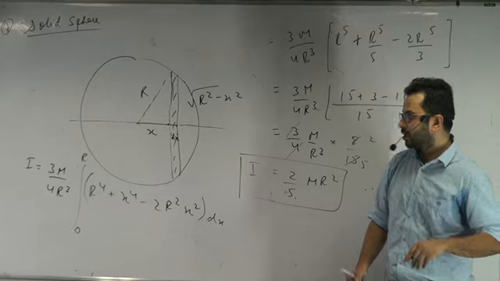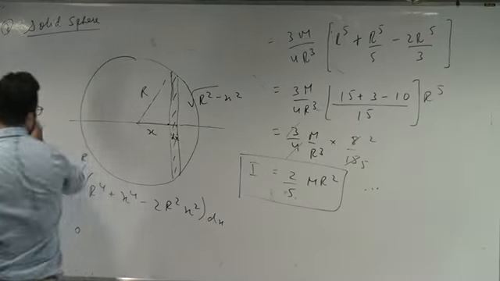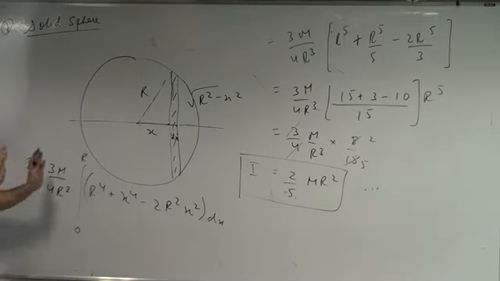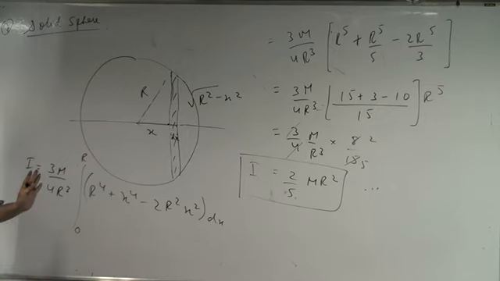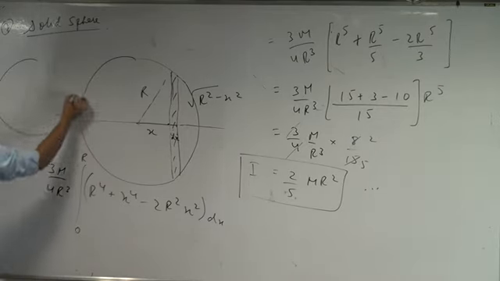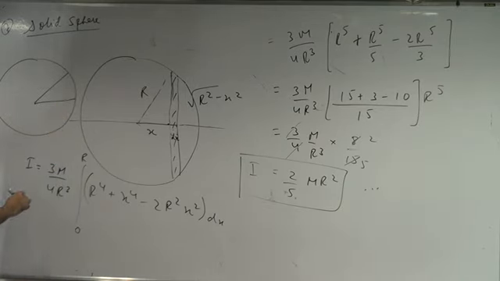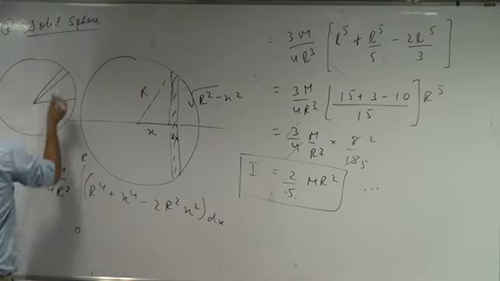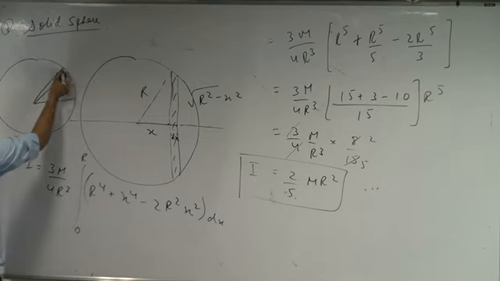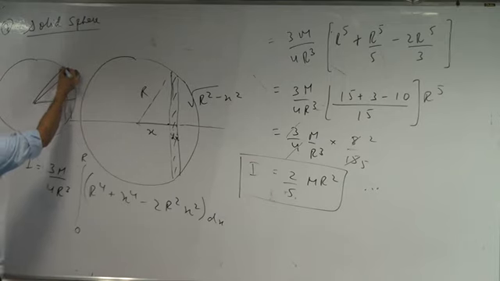Now I'll ask you a question, I'll check your observation. We are done with the process, you're clear with this. Now tell me, when we chose a hollow sphere, the ring which came out, this is the thickness we took.